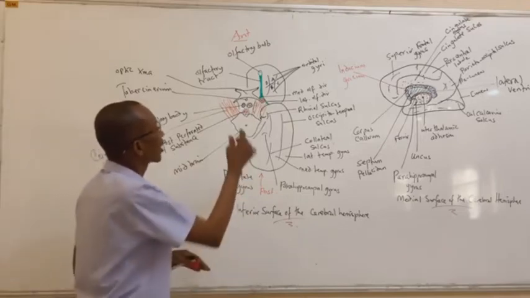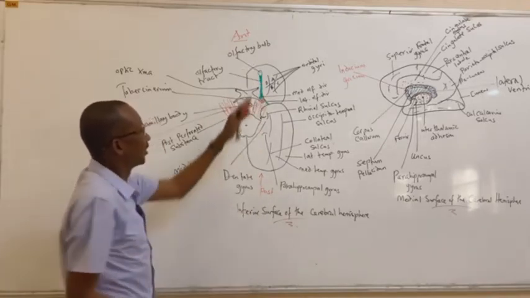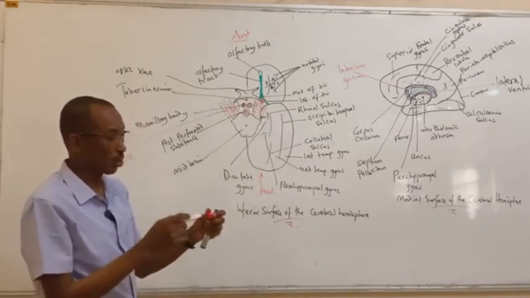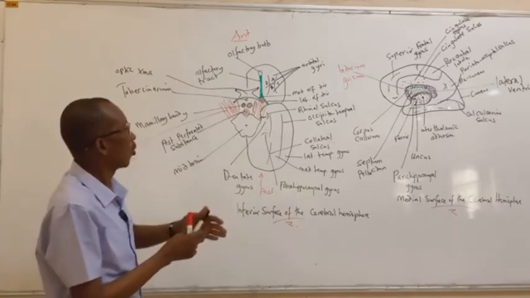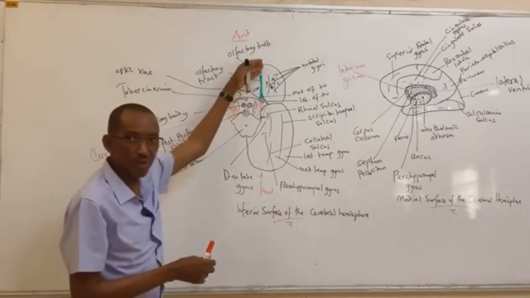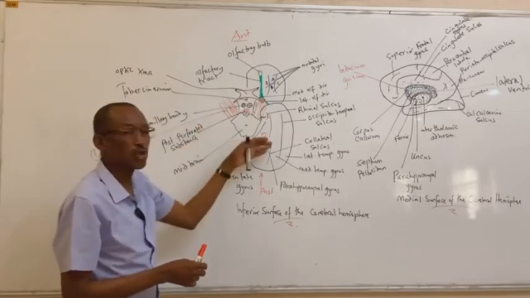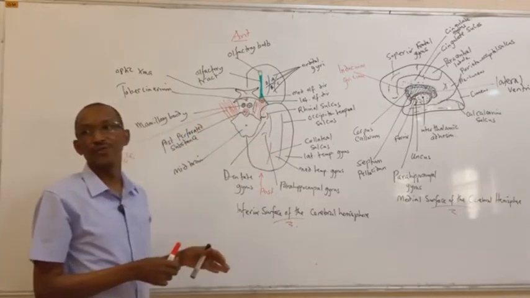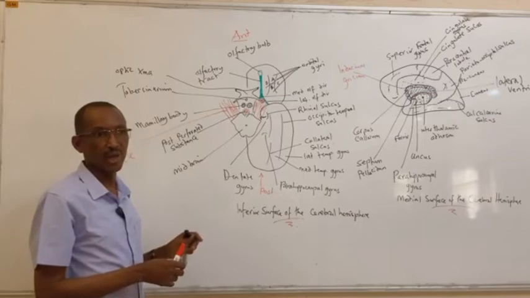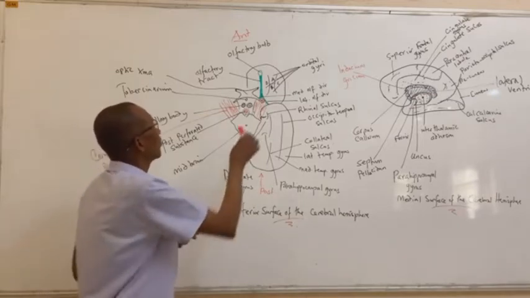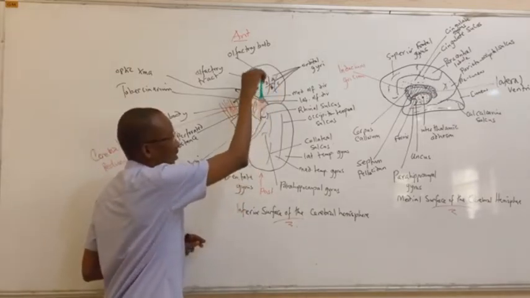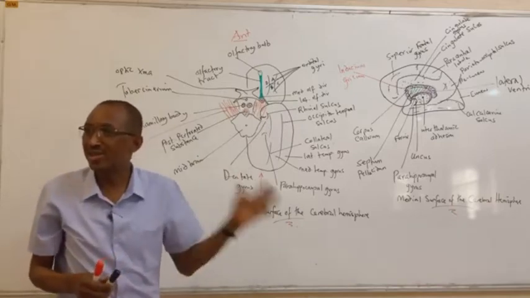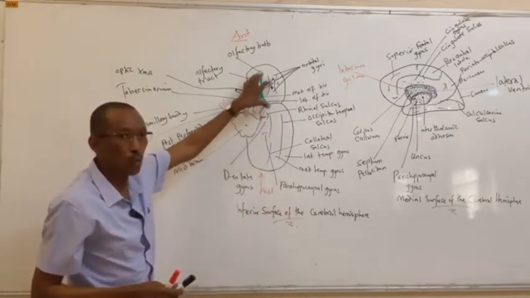So when you now come and look at the actual inferior surface of the cerebral hemisphere, we have what we call the orbital surface and the tentorial surface of the inferior surface of each cerebral hemisphere. Since we know that there is this division, what is the demarcating landmark for the two surfaces?